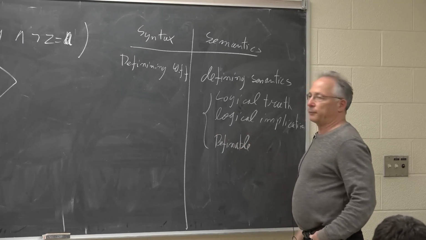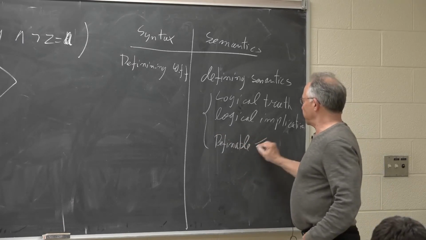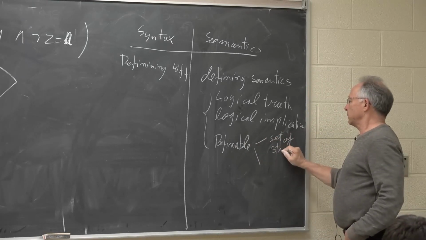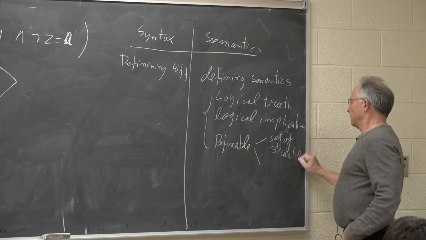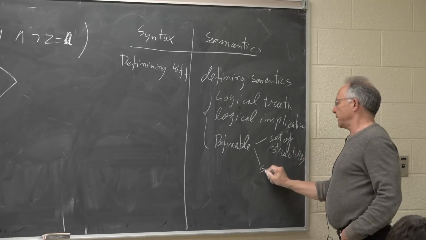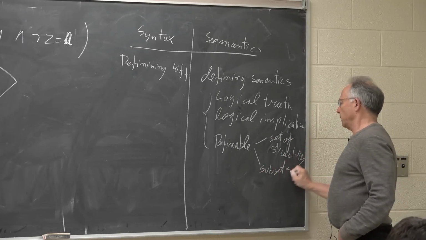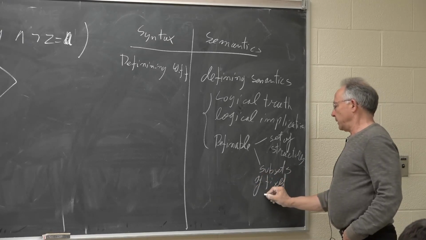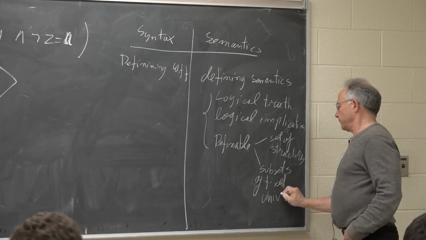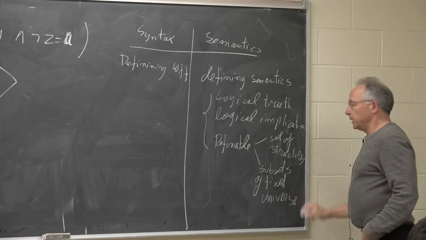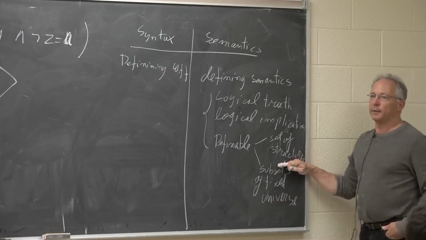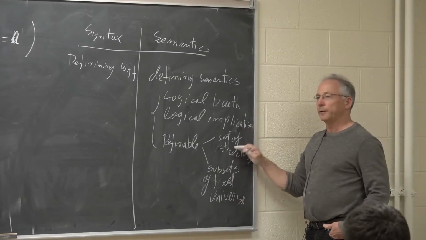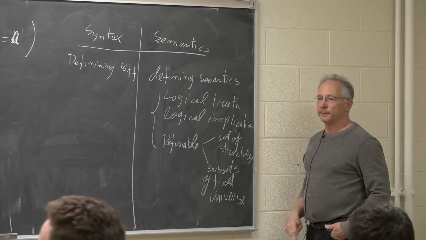Definable here had two versions: sets of structures and subsets of a fixed universe. In propositional logic, we only had definable in terms of sets of truth assignments. But here we have two versions of definability.